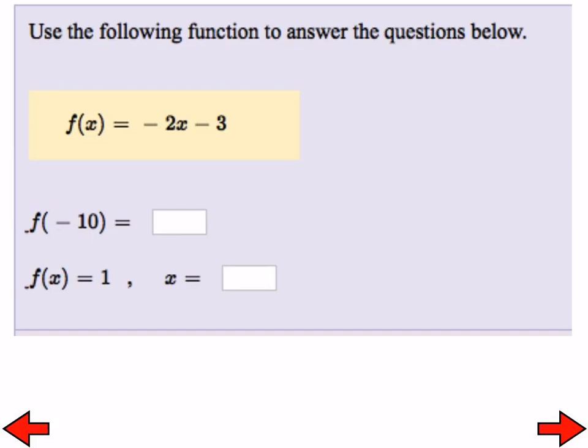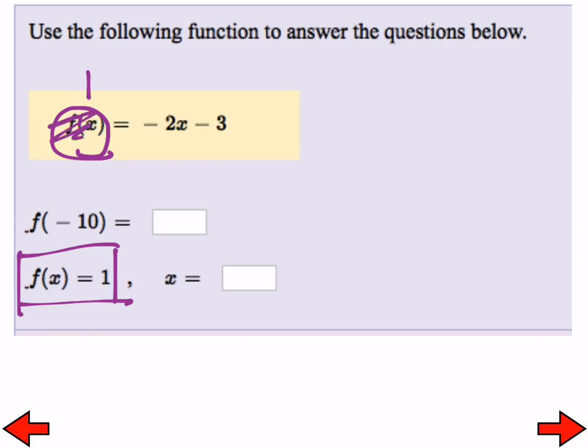I heard some of you talk about it. I think we would simply just replace f of x with 1. Why can you do that? Because they're equivalent to each other. Yeah, right here. It says that f of x is equal to 1. So therefore they are equivalent to each other. So let's take f of x and replace it with 1.